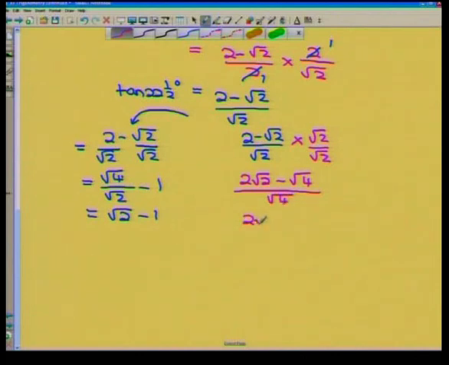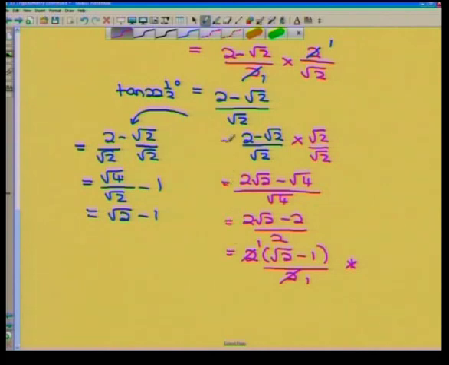And of course that's 2 root 2 minus 2 over 2, because the root 4s can become 2. We can take out the 2 as a common factor, leaving me root 2 minus 1 over 2, and that 2 divides into that 2, which then gives me the same answer as this side. This was a bit easier, I think, but it's actually a choice.